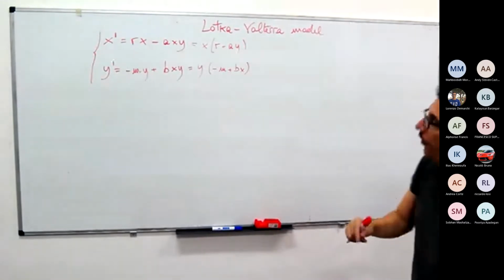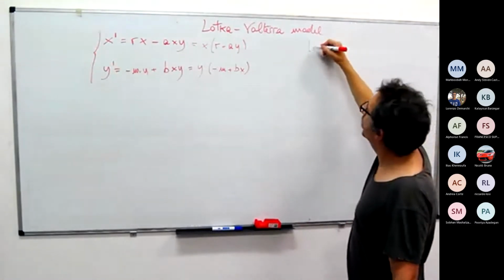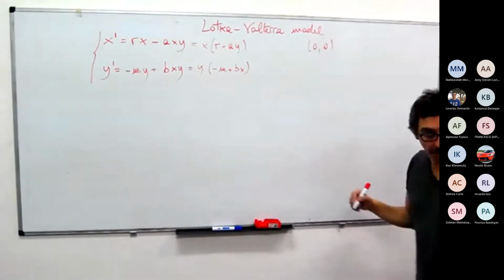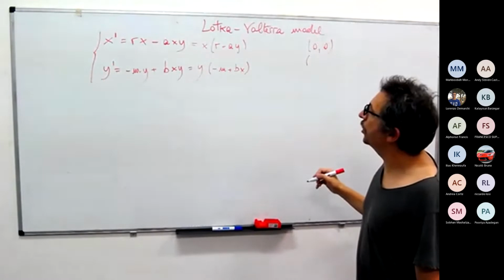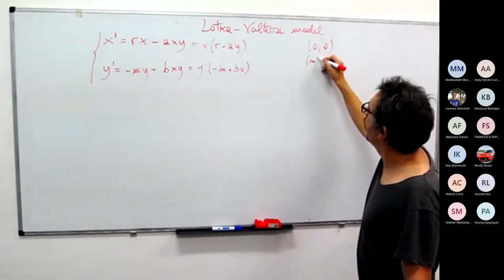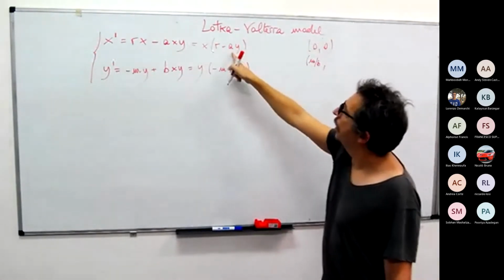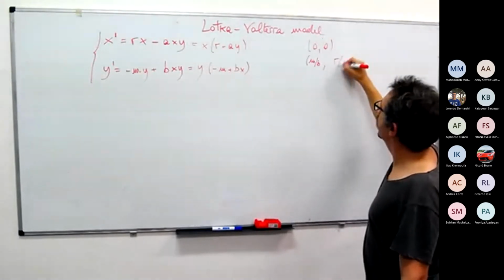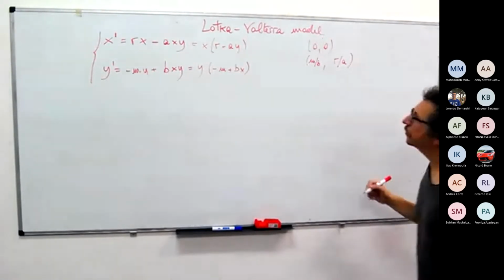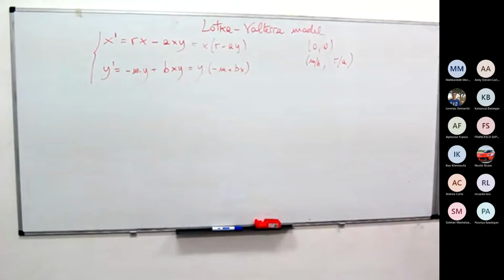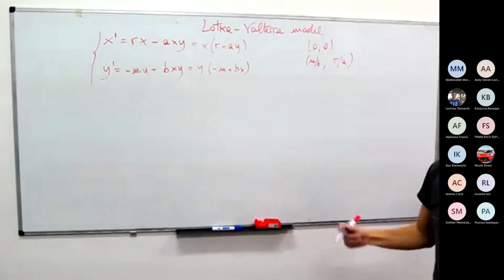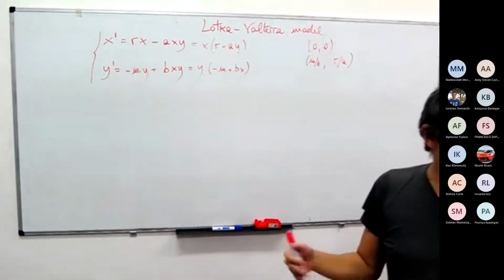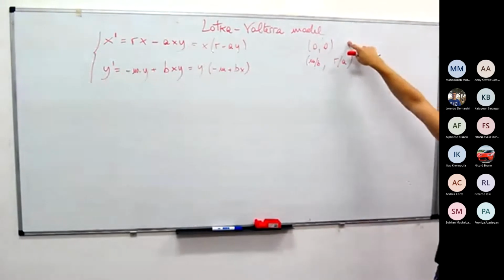Now, there are two possible real solutions. One solution is (0, 0). And the other solution is (n over b, r over a). Basically, the solution (0, 0) corresponds to the extinction of foxes and rabbits.